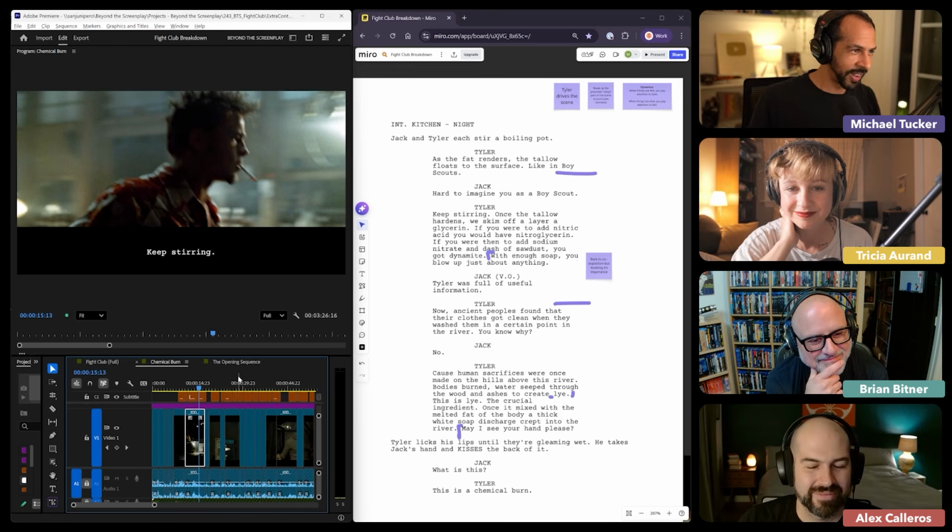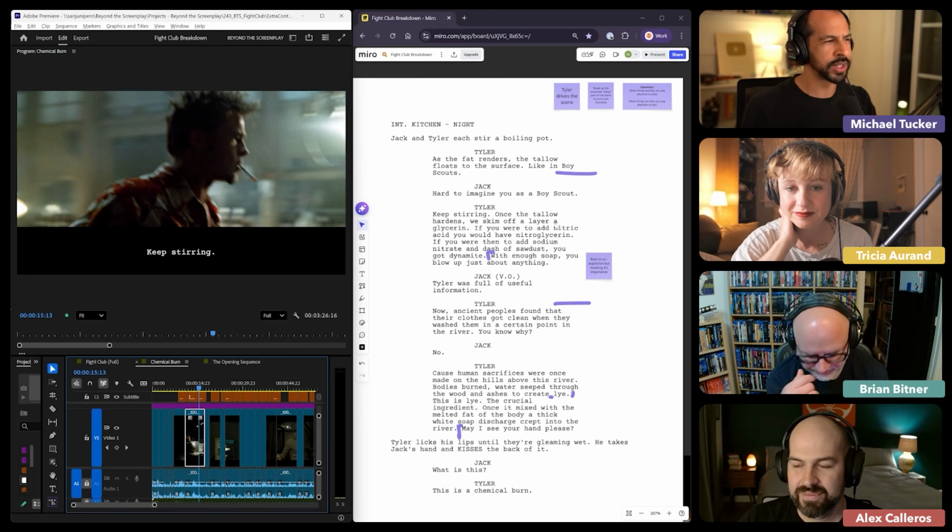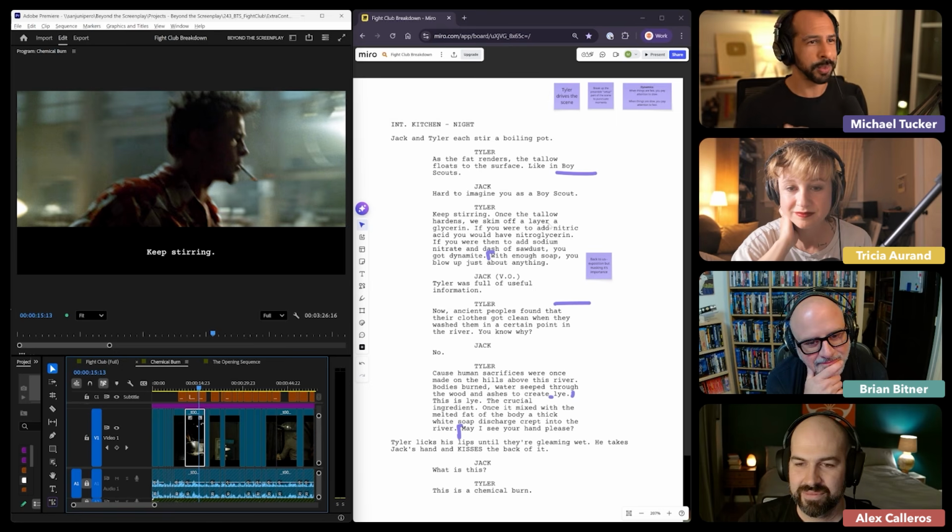Okay, so already, if we look at the script, we're thinking about how to bring this to life. There's a lot of setup for the scene and exposition about tallow, hardening, nitroglycerin, and you add a little bit of this, and it creates lye, and so on. A way to sometimes do analysis is to think of what's a different way you could have done this.